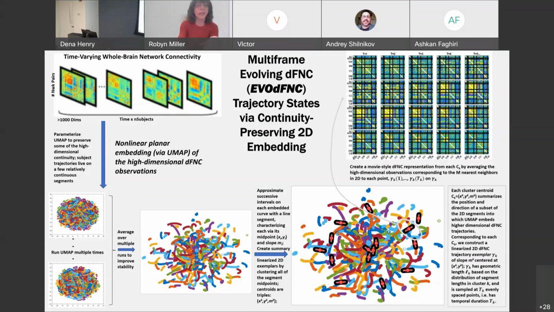And so in these cases, you'll see individual subjects land along continuous curves. The continuity within individual subjects is highly preserved. Another feature of the high-dimensional dynamics at the group level is that it's super dense and entangled, so everyone is extremely close to observations from other subjects.